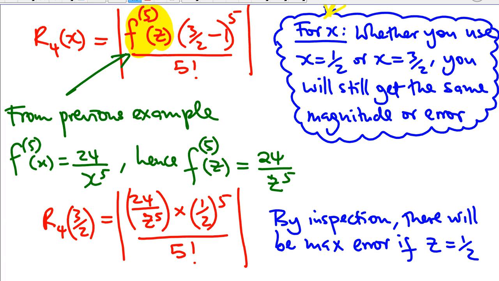When z is equal to a half, because you're dividing by a decimal, if you divide by a smaller decimal, you'll end up with a bigger magnitude.